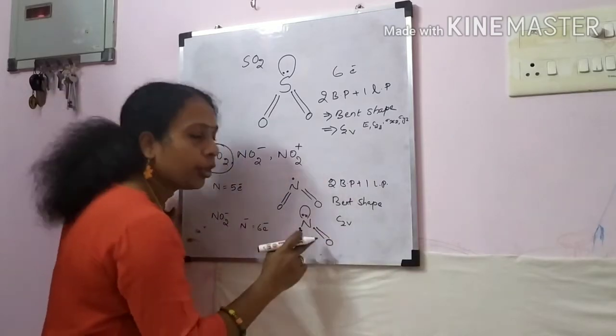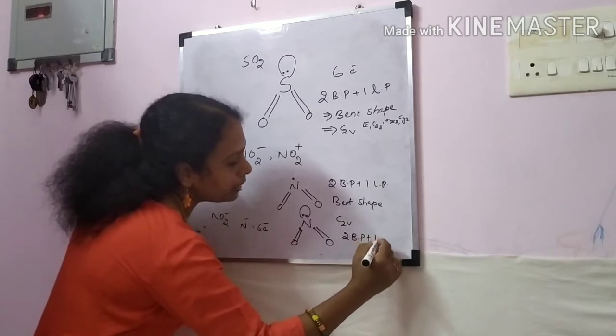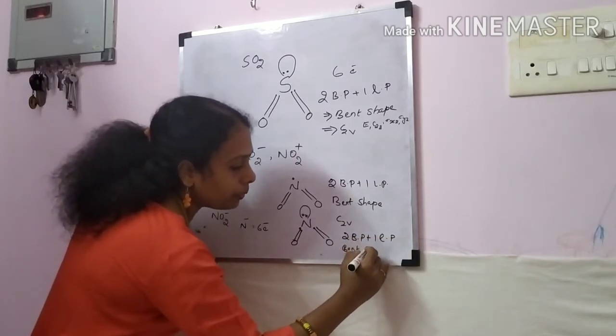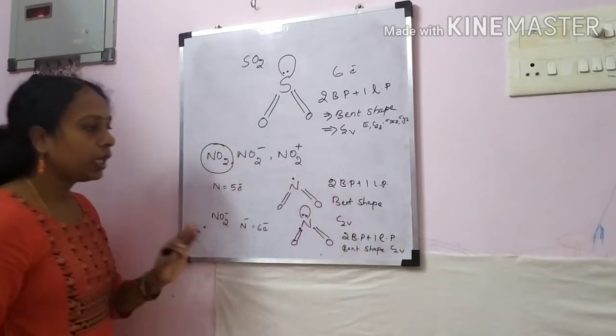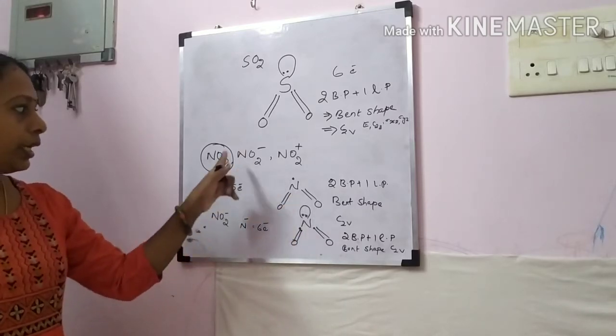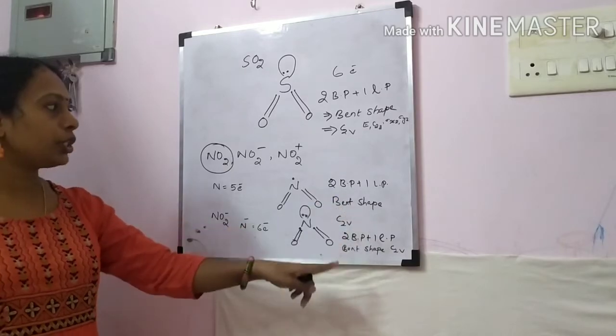The same condition, 2 bond pairs plus 1 lone pair. The structure will be bent shape as per VSEPR theory and belongs to the point group C2V. Clear? NO2 minus and NO2, both belong to the C2V point group and the shape is a bent shape molecule.